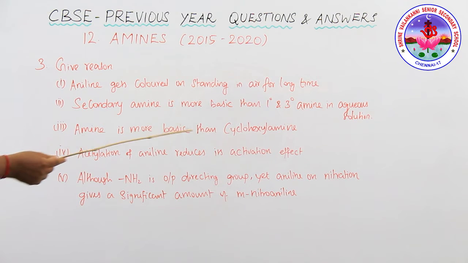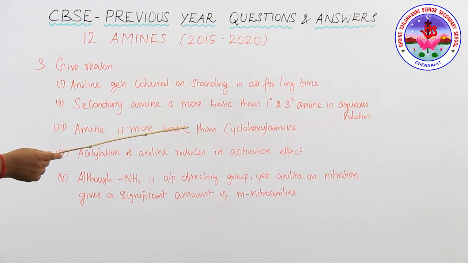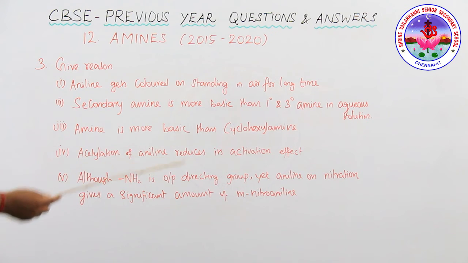But look at the cyclohexyl group: it is electron releasing. So it increases the electron density on the nitrogen, making it more basic. So this is the reason cyclohexylamine is more basic than aniline.